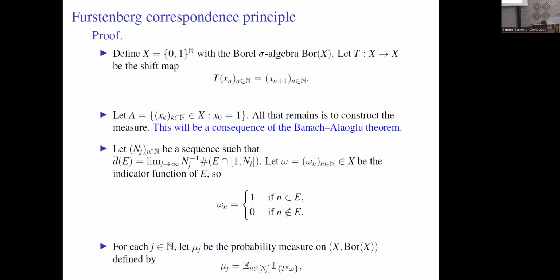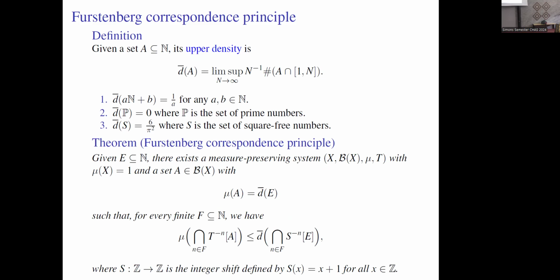Okay, so now here is a proof, and this is what I told you last time. It's better to work with subsets of integers, which can be identified with the Cantor set. For instance, in this simple exercise from set theory, when we want to prove that the set of all subsets of integers has cardinality continuum, we establish a bijection between the set of infinite binary sequences and the set of all subsets of integers.